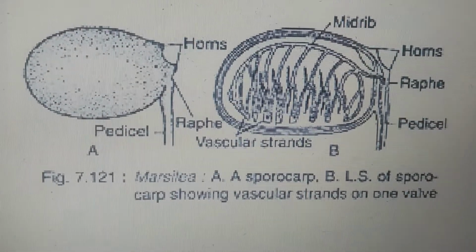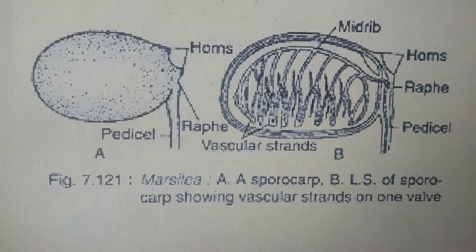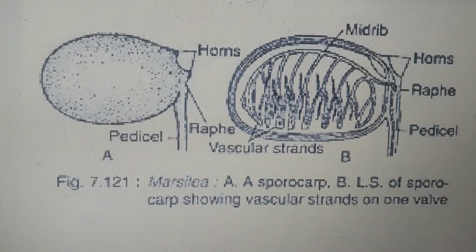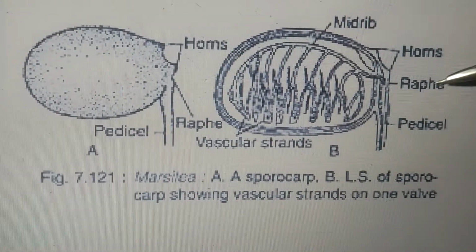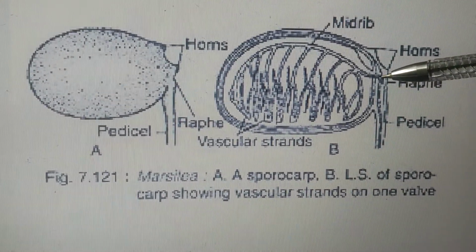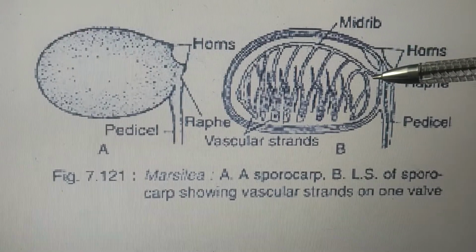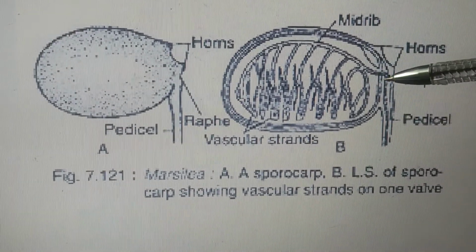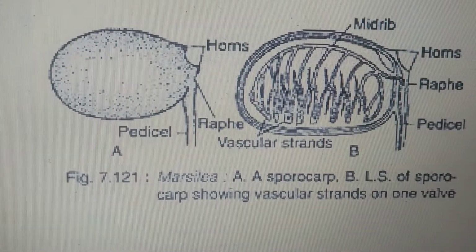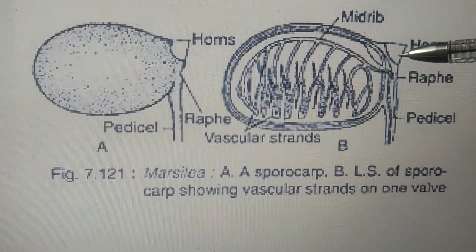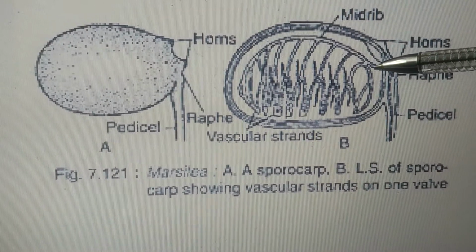Now we will see how exactly one vascular strand is going to give rise to these three different bundles. The vascular strand enters the sporocarp near this horn region, through the peduncle. This vascular strand continues forward along the dorsal surface.